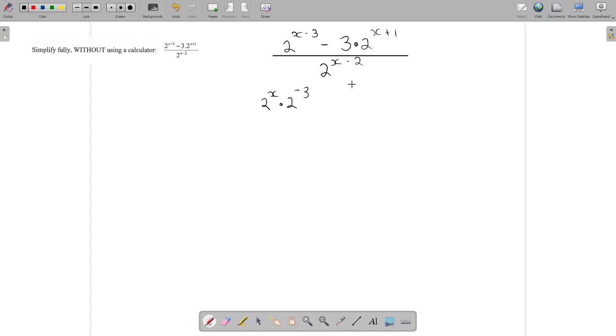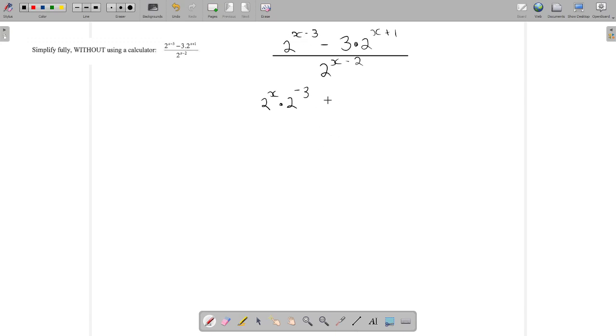Why does that make sense? Because if you multiply things with the same bases, you add the exponents. So 2^x times 2^(-3) is the same as 2^(x-3).